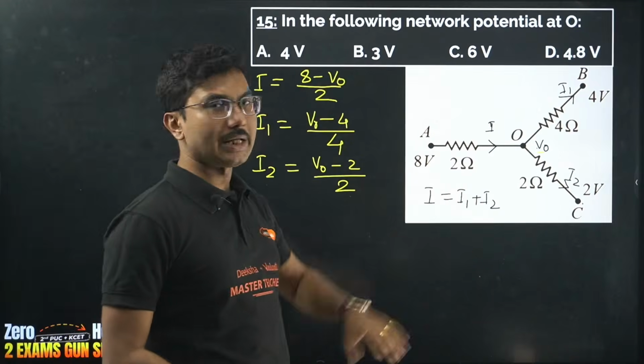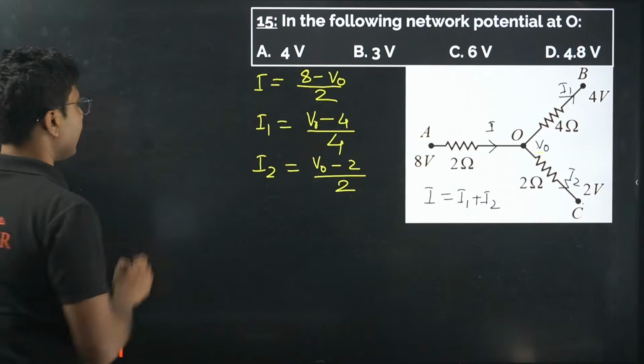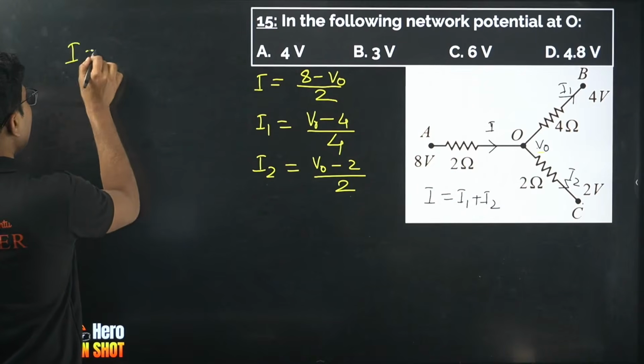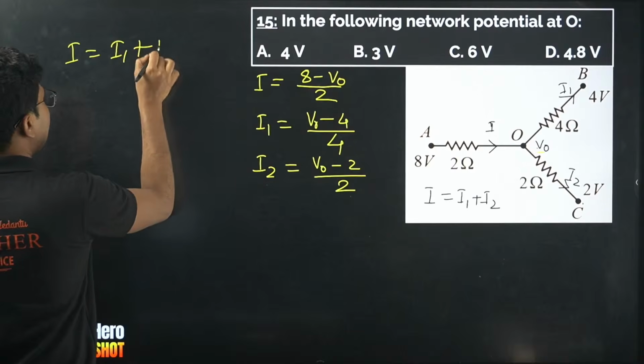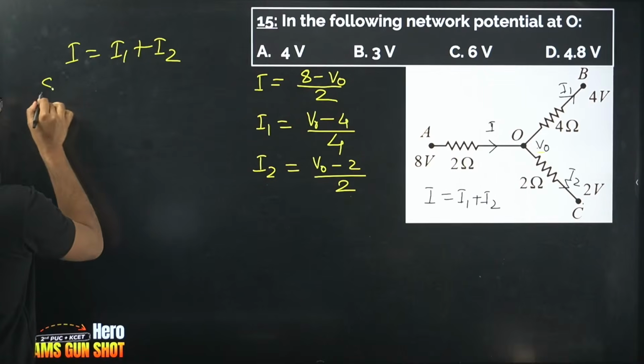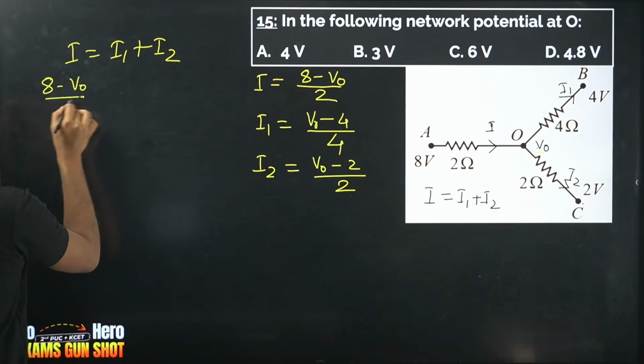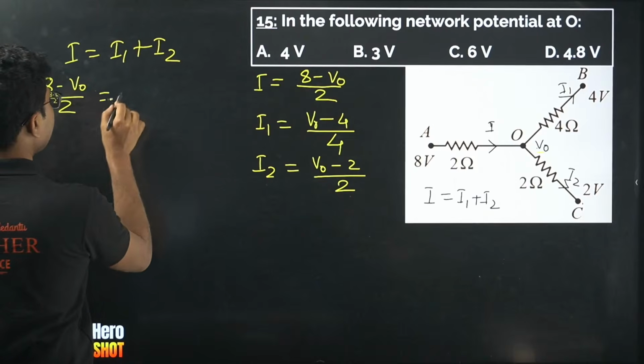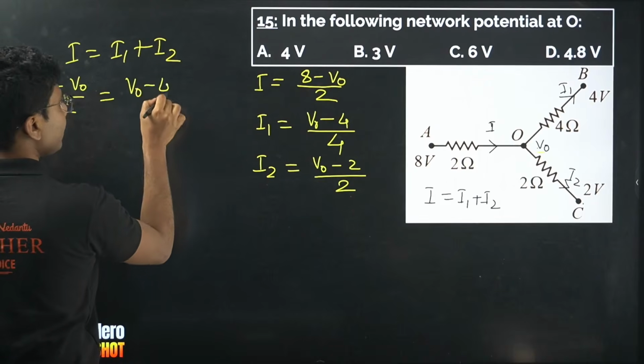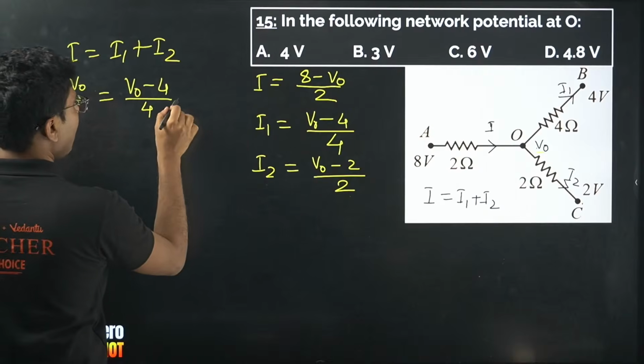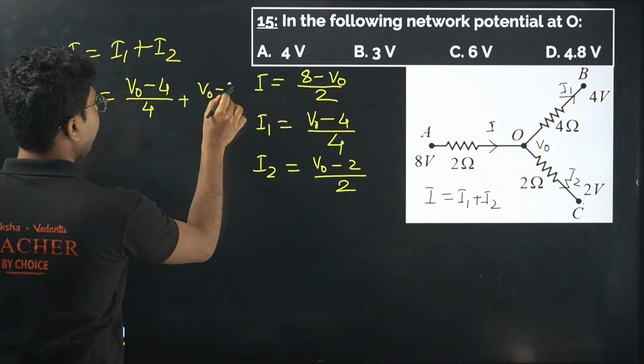Now we will apply Kirchhoff's current law to calculate. So I equals I1 plus I2, or (8 minus V0) by 2 equals (V0 minus 4) by 4 plus (V0 minus 2) by 2.